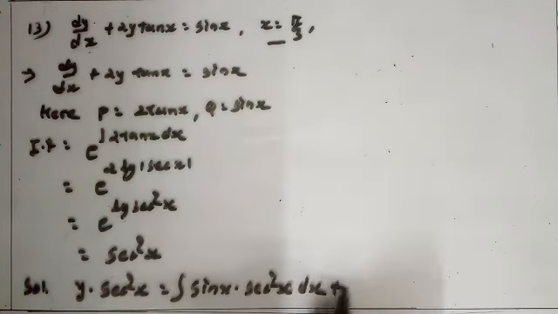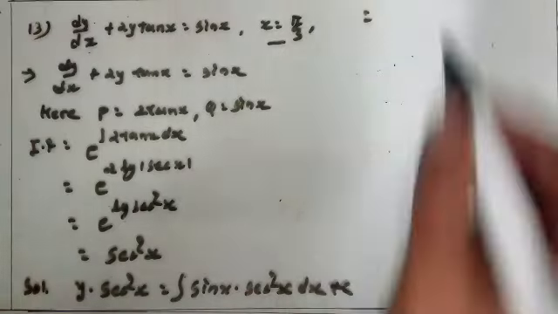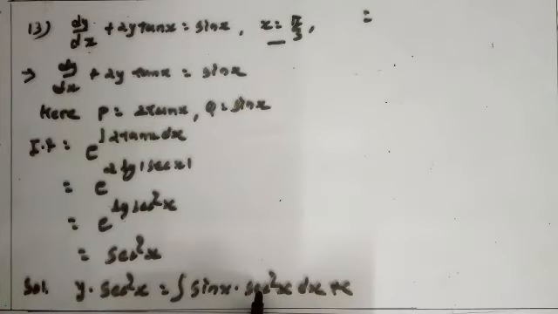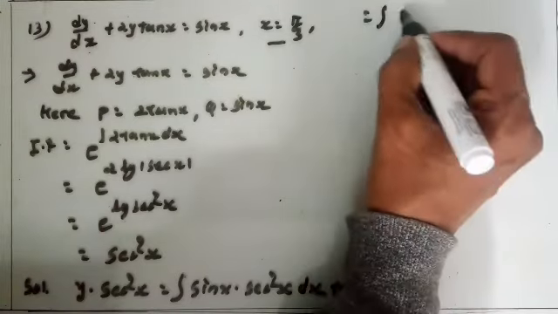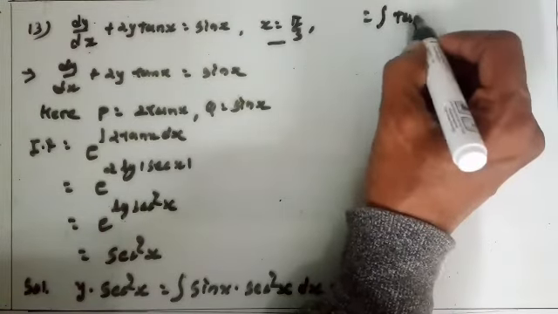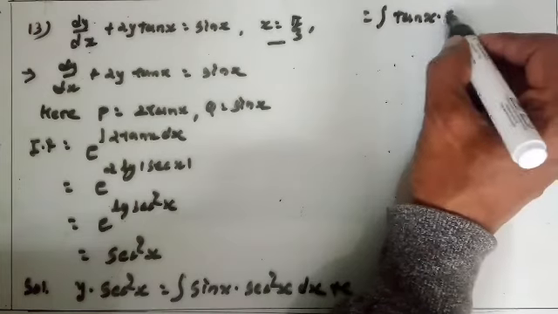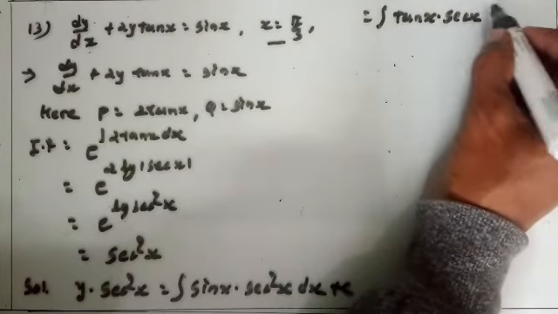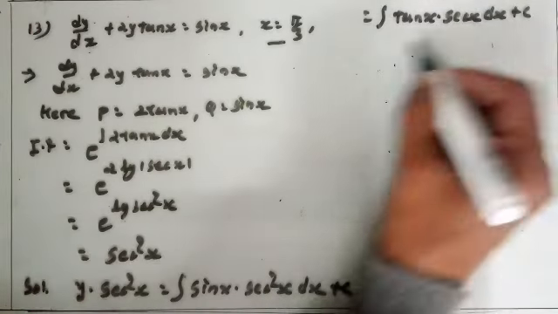dx plus c. Here sec square x is equal to 1 upon cos square x. So this becomes sin x upon cos x into 1 upon cos x. That means the integration of tan x into sec x dx plus c.